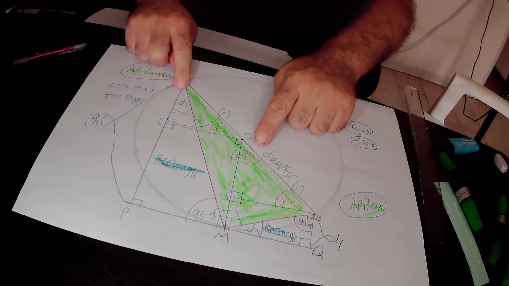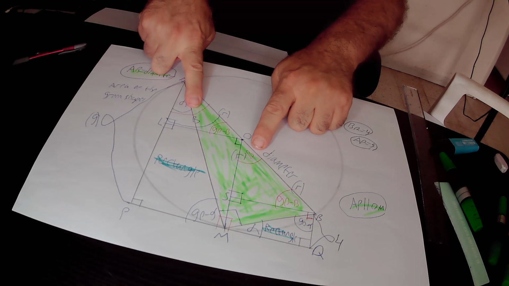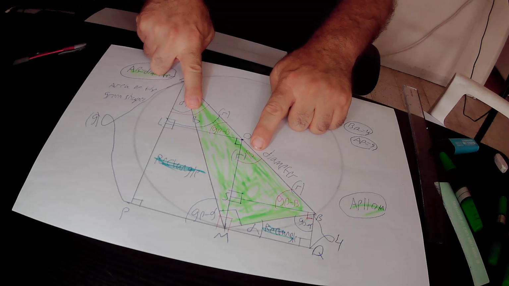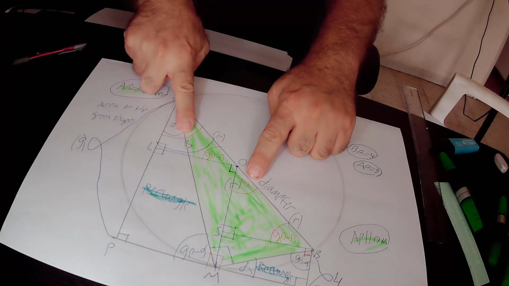First of all, those two angles are both equal to beta and therefore they are equal to each other.